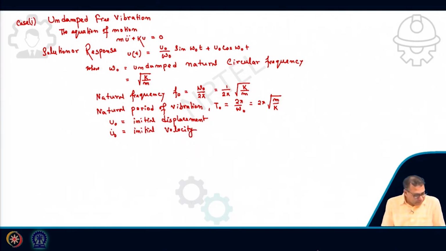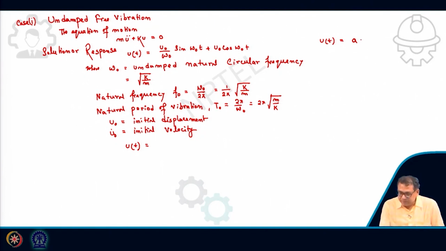Okay. So this equation, the U(t) equation, I can write in another form, because I have already discussed that for harmonic loading we can write it in trigonometric form.